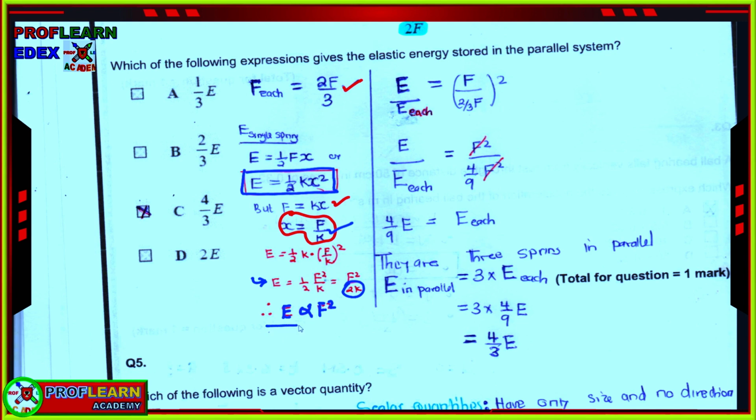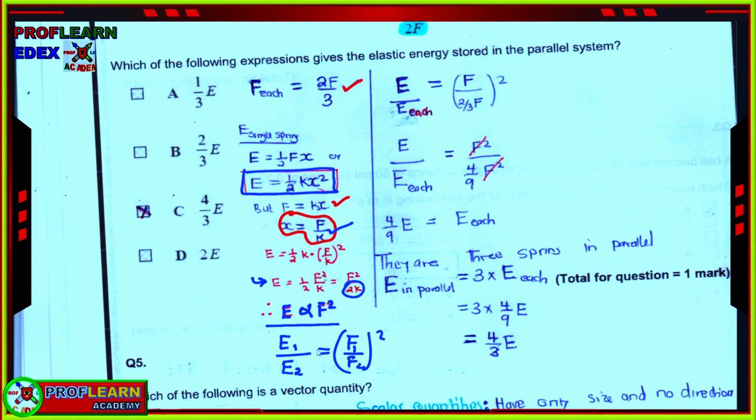This formula is going to become handy, because if you have different amounts of energy and different amounts of forces, we can say if energy is proportional to F squared, then energy 1 over energy 2 is equal to F1 over F2, then this will be squared.